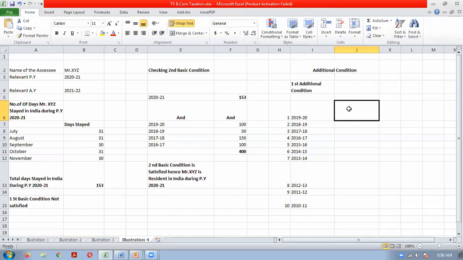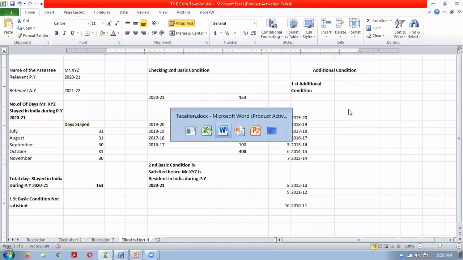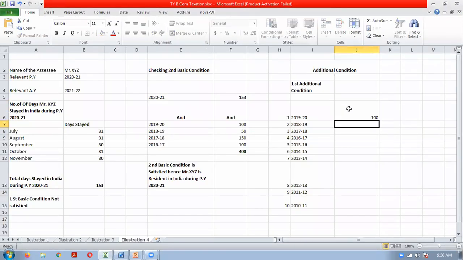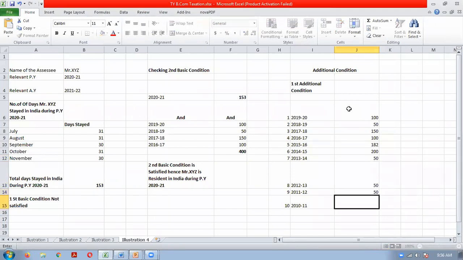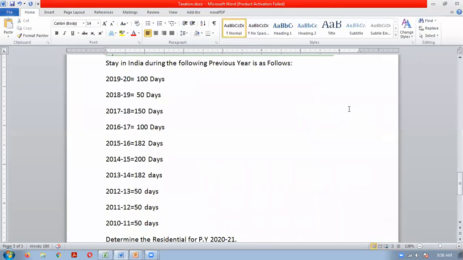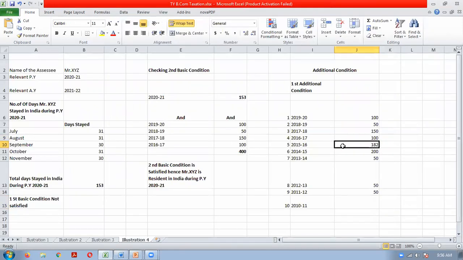Here the number of days is already given clearly: 100 days, 50 days, 150 days, 100 days, 182, 200, 50, 50, 100 days, 182, 200, 182, and the last 3 are 50.